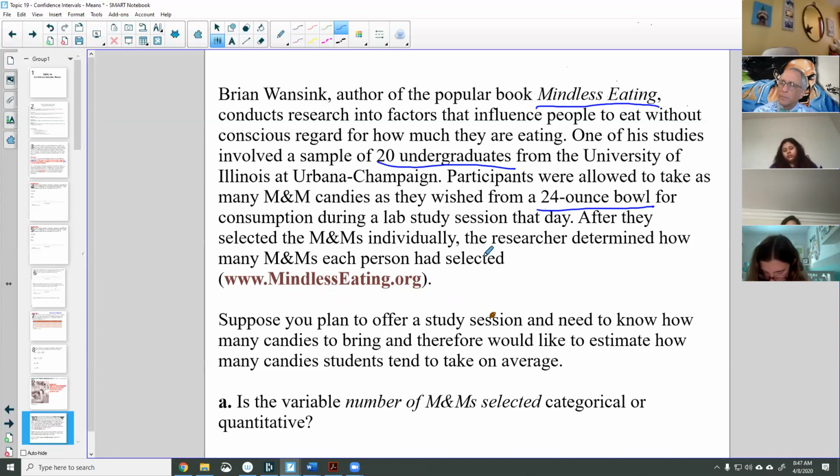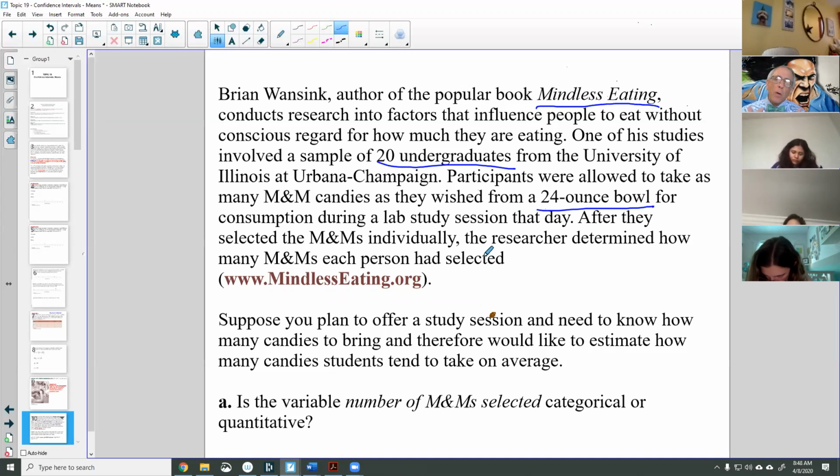So this sounds like a great study, right? If you're the participant, because you get to reach into the bowl of M&Ms and take as many as you would like. So you are now the researcher, and you are going to offer a study session, and you want to offer the students M&Ms, and you've got to figure out, how many M&Ms do I need?